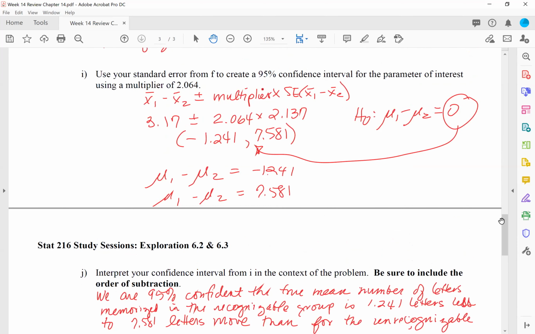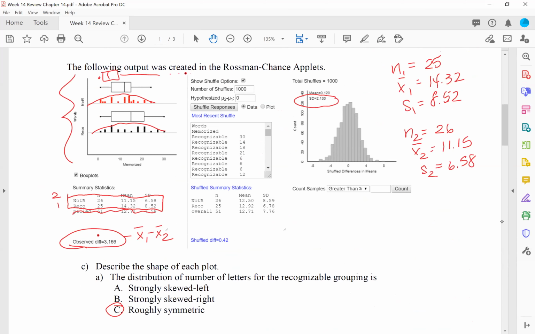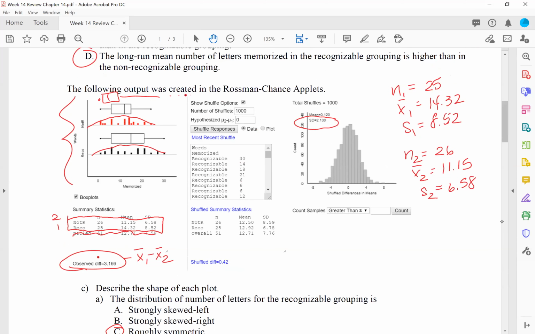All right, I want to go back up for a second. We'll get to the idea of scope of inference in just a second. But we haven't talked a lot about simulation here. We talked about the fact that we simulate 1,000 simulations based on the assumption the null is true. If I wanted to find a p-value from this output here, what would I do? We'd have to count samples.